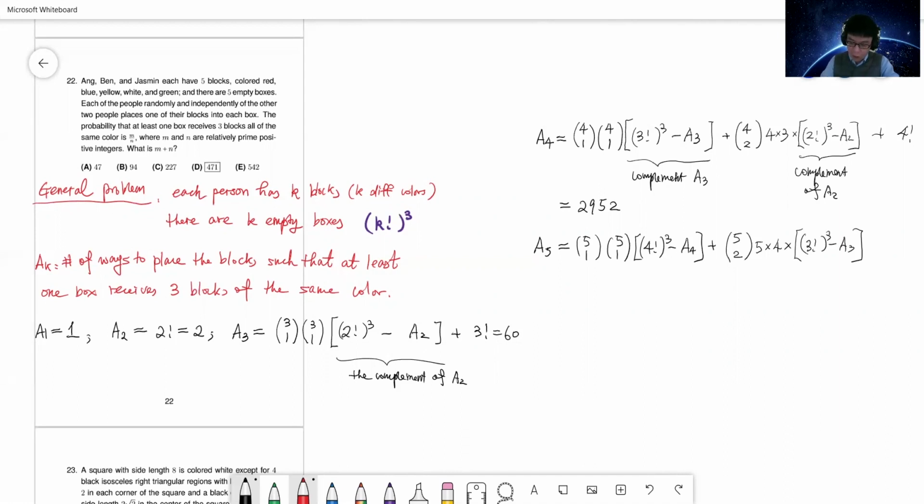So next, we consider 3 boxes. Phi choose 3 times phi 4, 3. And the remaining part is complement of A2.